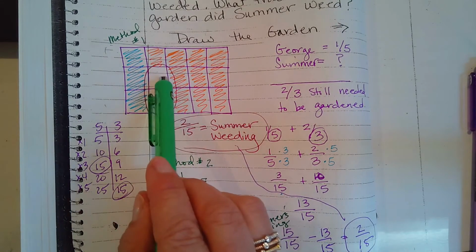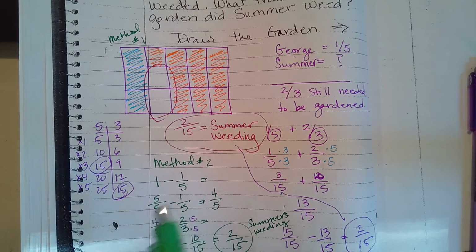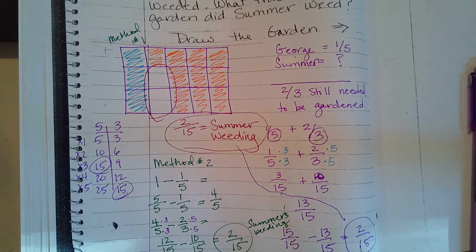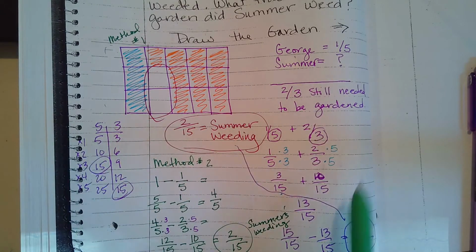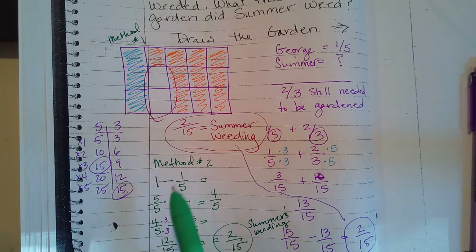All right, method 1, method 2. Which way speaks to you more? Which way did you understand the problem better? That's the big idea. This is a problem that you are going to see again and again and again. And I have a feeling a problem very similar to this will end up being on that end of the year test.